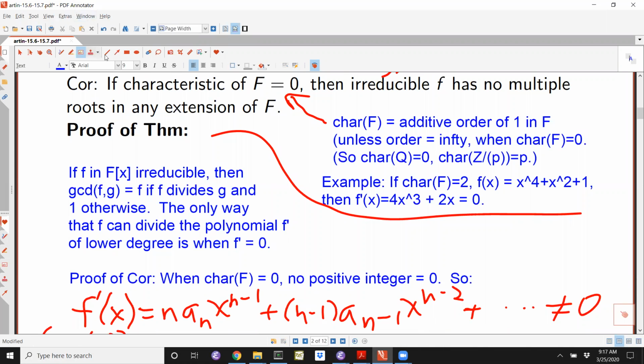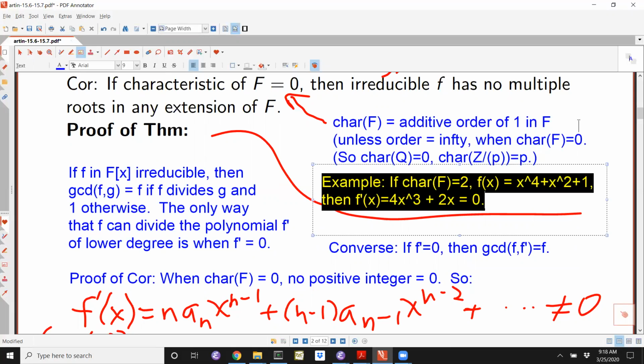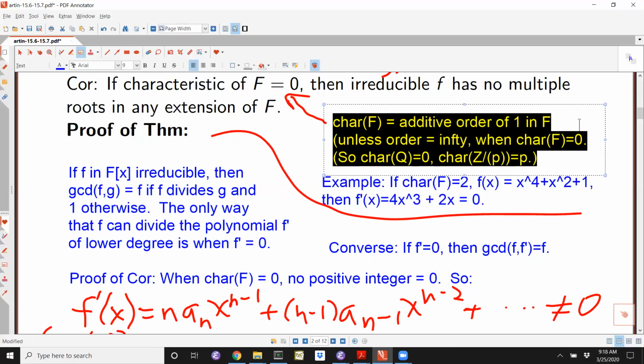Sort of conversely, if f prime equals 0, then the GCD of f and f prime equals f, which is not 1. So that's the converse direction.